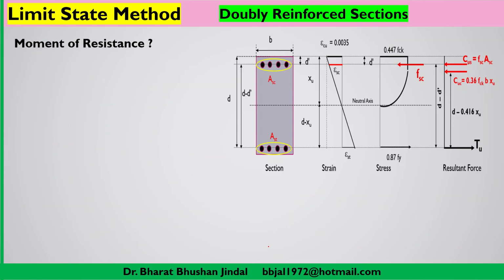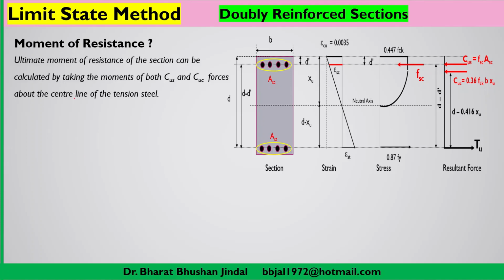Now how to calculate the moment of resistance? I think you are able to understand that the ultimate moment of resistance of the section can be calculated by taking the moment of both CUS and CUC. That means the ultimate moment due to force in steel in compression as well as force in concrete in compression, and you can take the moment about the center line of the tension steel.